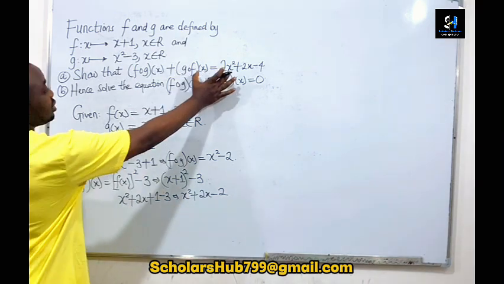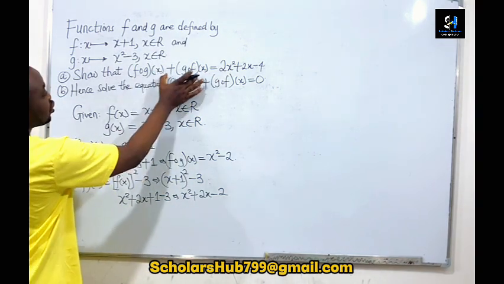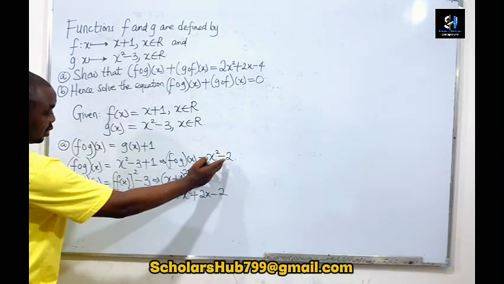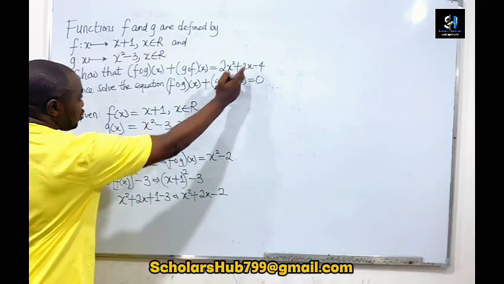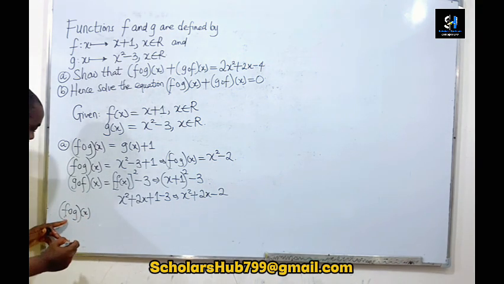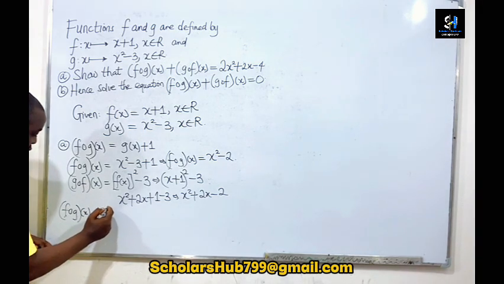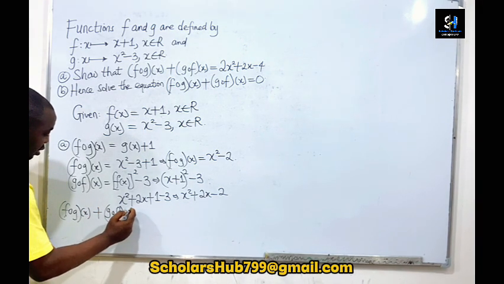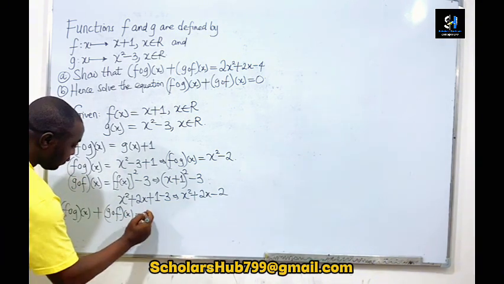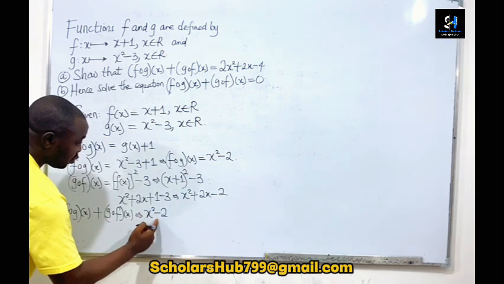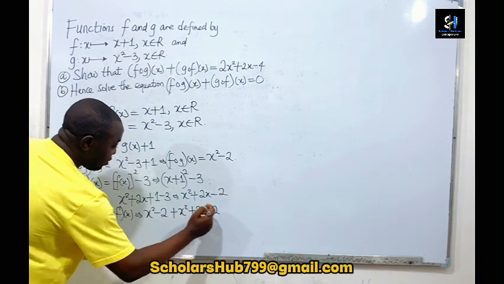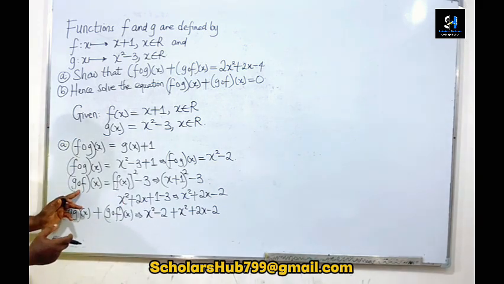So now to show that the sum of the expressions for these two composite functions is equal to this. For the sum of fg of x and gf of x, we have the first one, x squared minus 2, plus x squared plus 2x minus 2, which is the expression for gf of x.